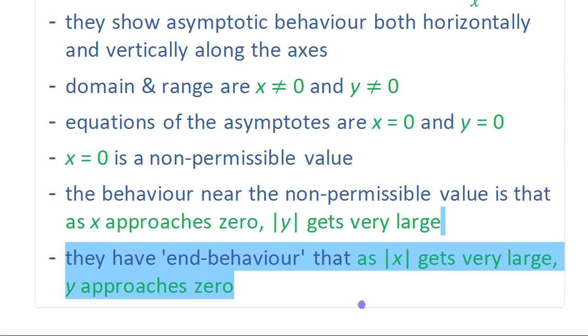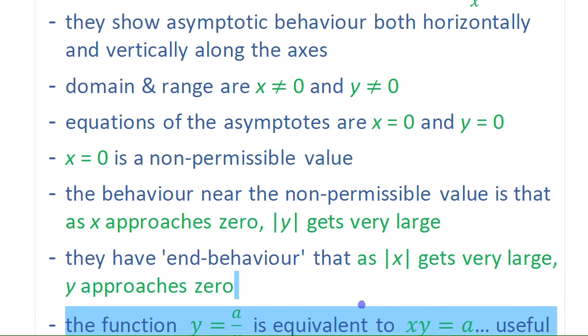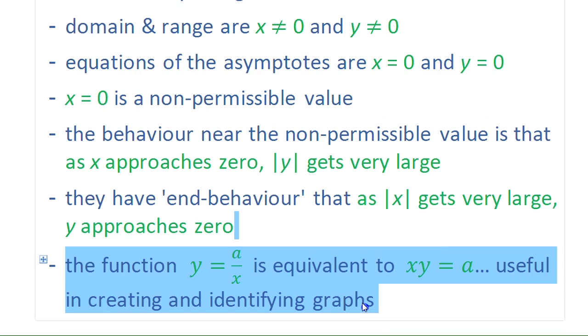And we also looked at the end behavior, and we described that as the absolute value of x gets very large, the y value approaches 0. And then lastly here, that the function y equals a over x being equivalent to xy equals a, and that was useful in quickly creating graphs or identifying graphs.